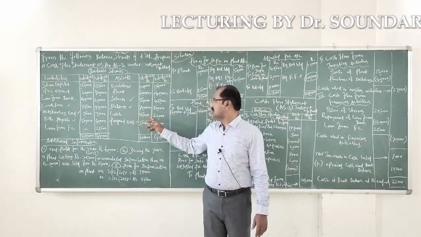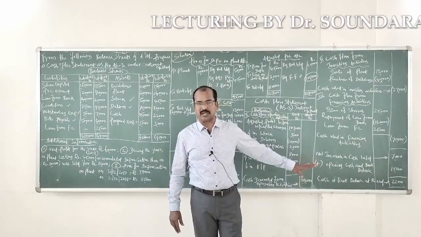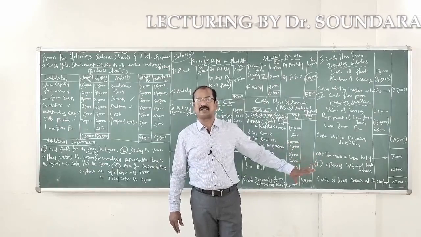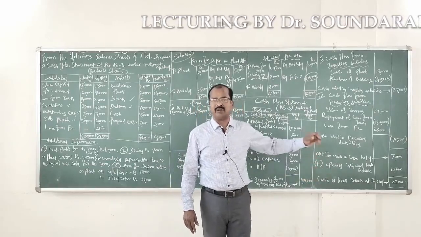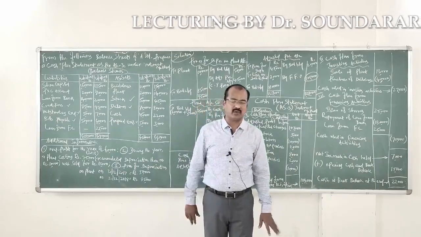Obviously, the opening cash balance and closing cash balance will be taken over to cash flow statement and necessary adjustment will be done over there when we close the cash flow statement according to Indian Accounting Standard 3.